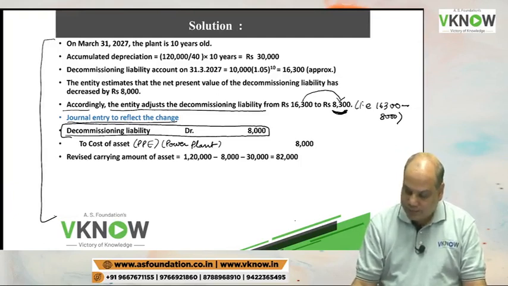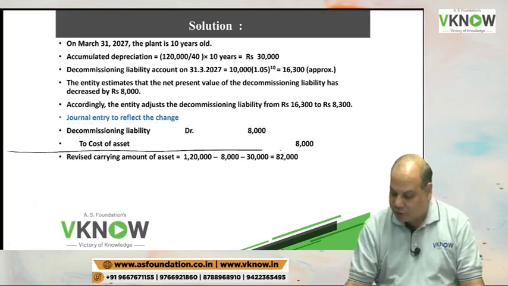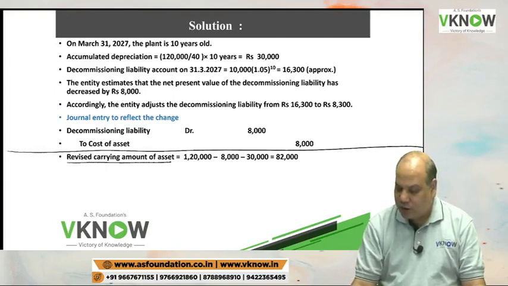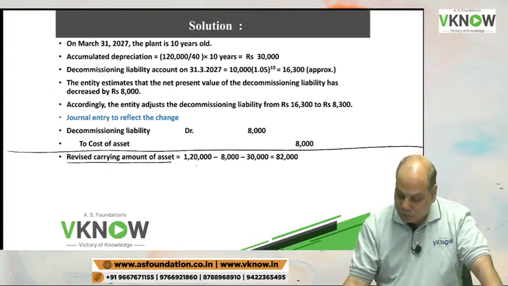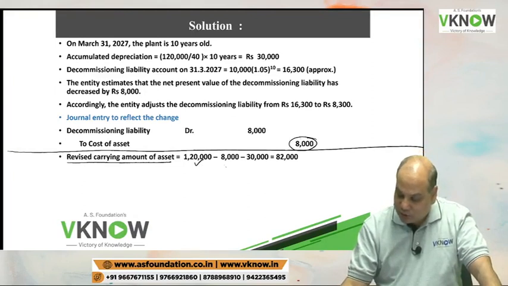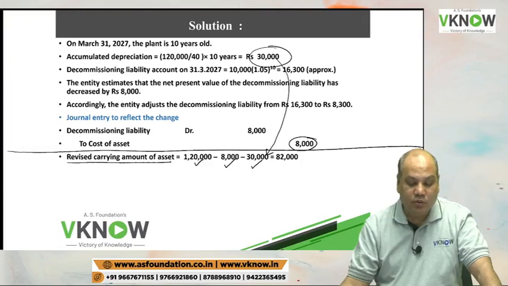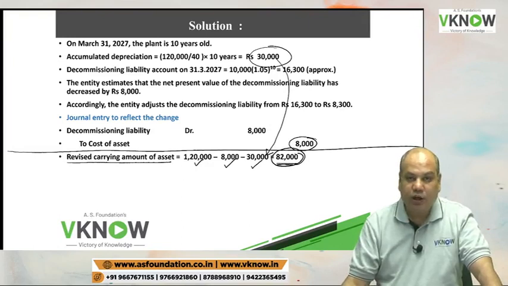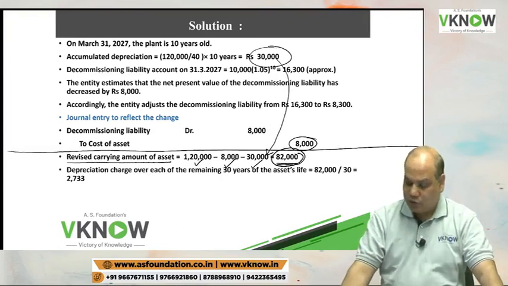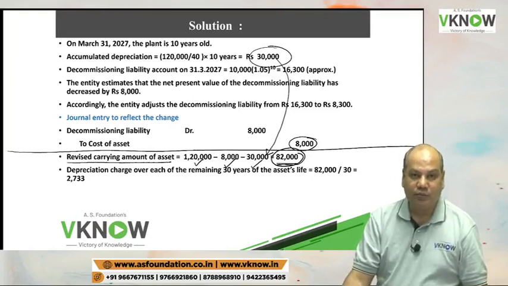Have you written? Now write down the revised carrying amount of the asset. Original cost 1,20,000 minus this 8,000 reduction minus this 30,000 accumulated depreciation. Therefore, now the PPE account will have a balance of 82,000 and the remaining life is 30 years, 40 minus 10.